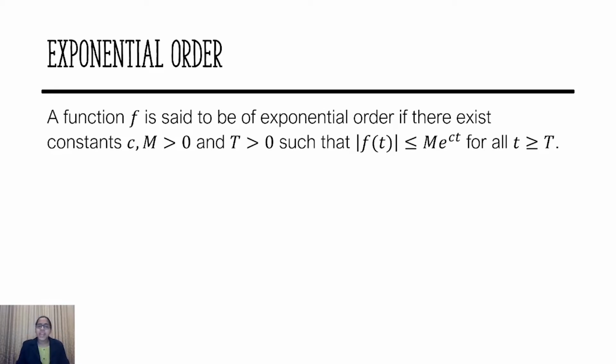A function f is said to be of exponential order if there exist constants c, capital M, both greater than 0, and capital T greater than 0, such that the modulus of f of t is less than or equal to M times e raised to ct for all t greater than or equal to capital T. This is the definition of exponential order.